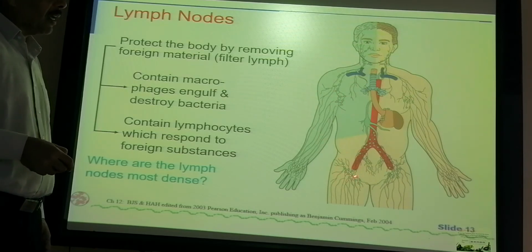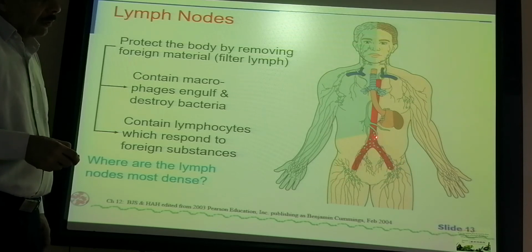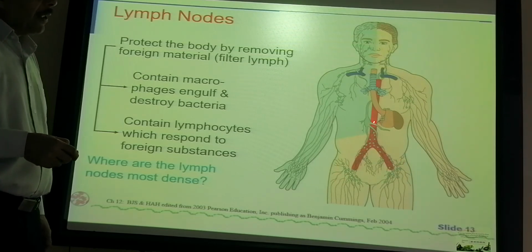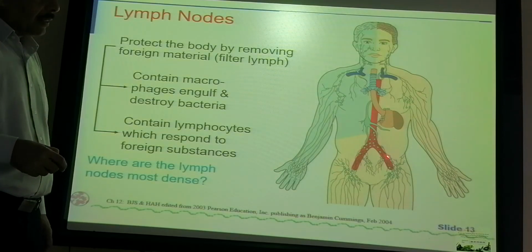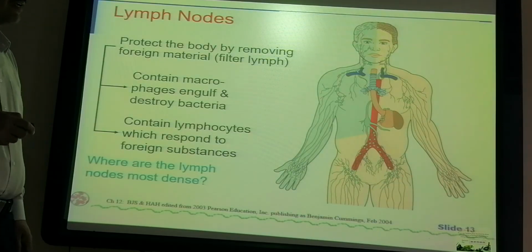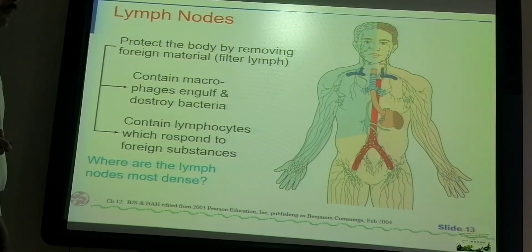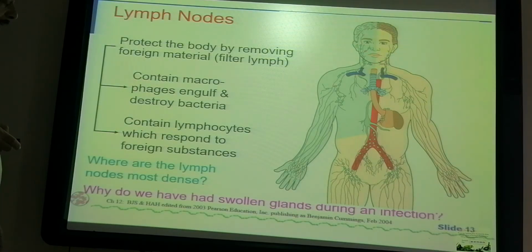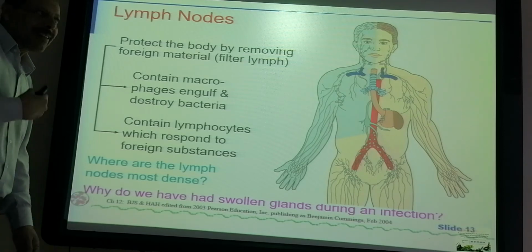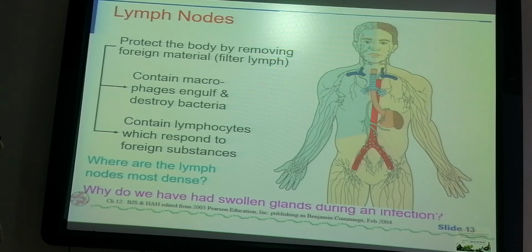Here we have the Peyer's patches near the intestine, and here the cervical lymph nodes. Those glands or lymph nodes are accumulated there in order to clear the lymphatic fluid before it goes up and reaches the circulation.